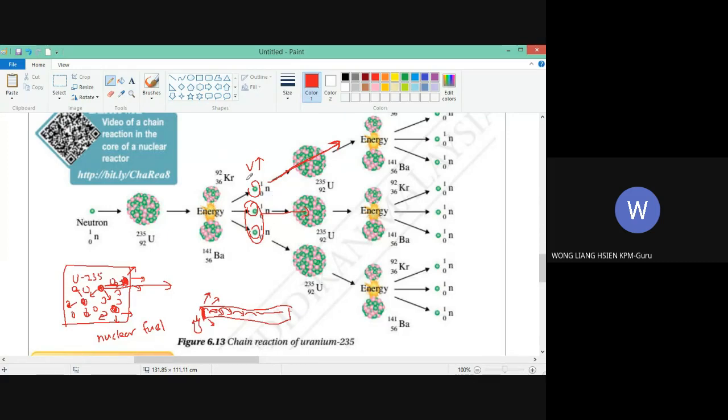Out of the 3 neutrons, maybe 2 can go in. Sometimes maybe 1 neutron can find other uranium-235. This is different from an atomic bomb, where the concentration of uranium-235 is very high. That means all of the neutrons can easily find other uranium-235 to go into.